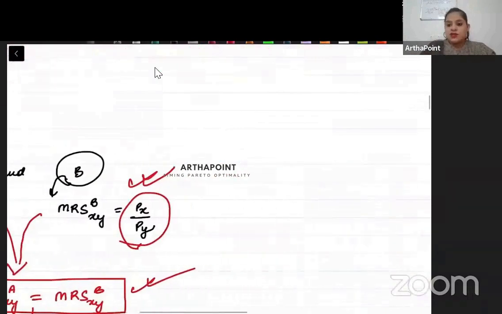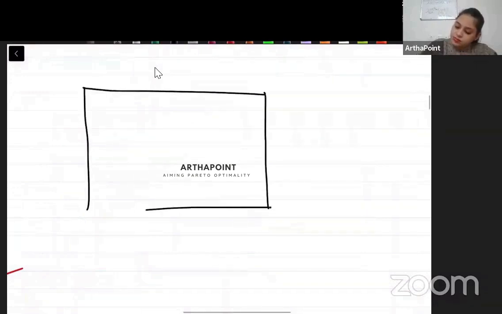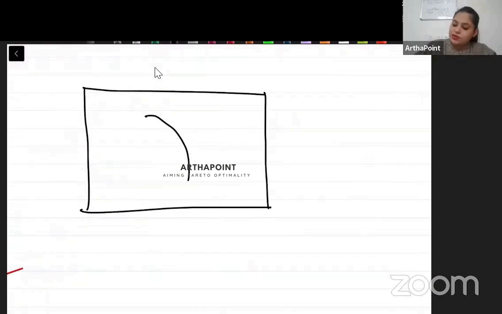What does this say? Have a look here. Suppose I have an Edgeworth box, and let's say I have a certain Pareto efficient outcome, say at point A. The question is, does there exist a certain price such that I can achieve competitive equilibrium here? Yes.